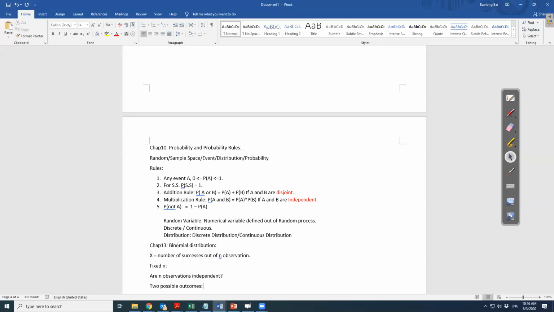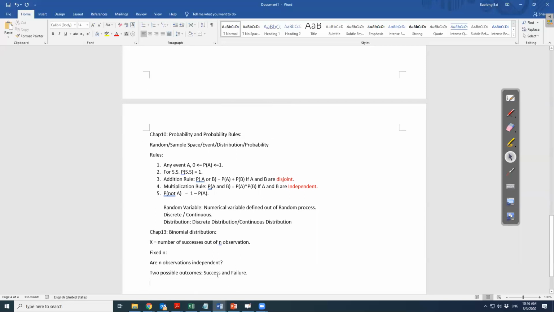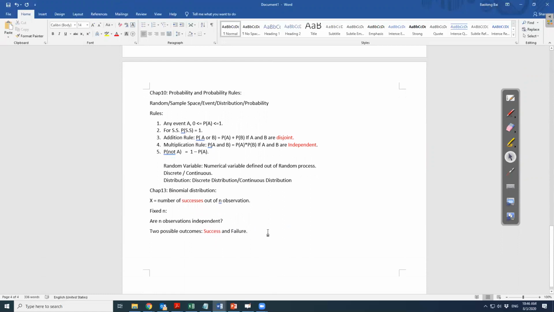If there are two possible outcomes, define one of them as success and the other as failure. And how do we define success and failure? Keep in mind, success is always the outcome that is being counted, right? So look at how the variable is defined. And then lastly, is there the same probability of success for each observation?